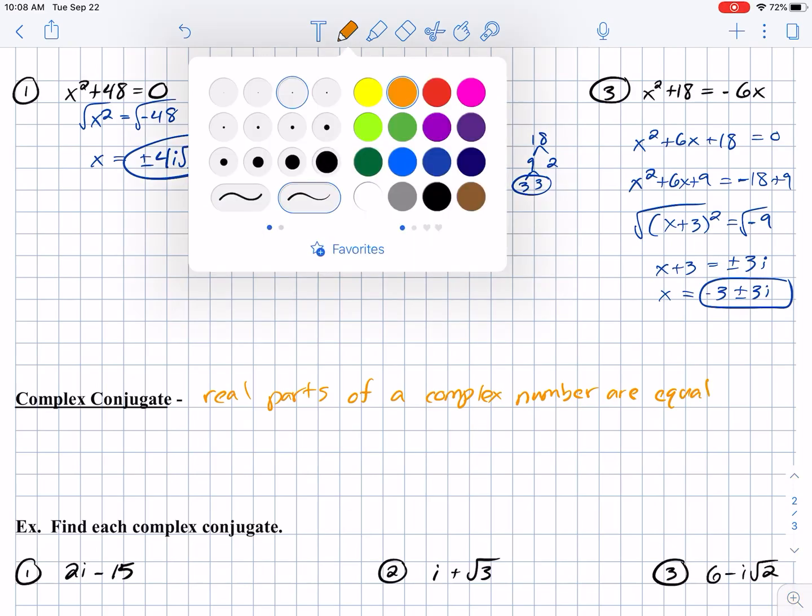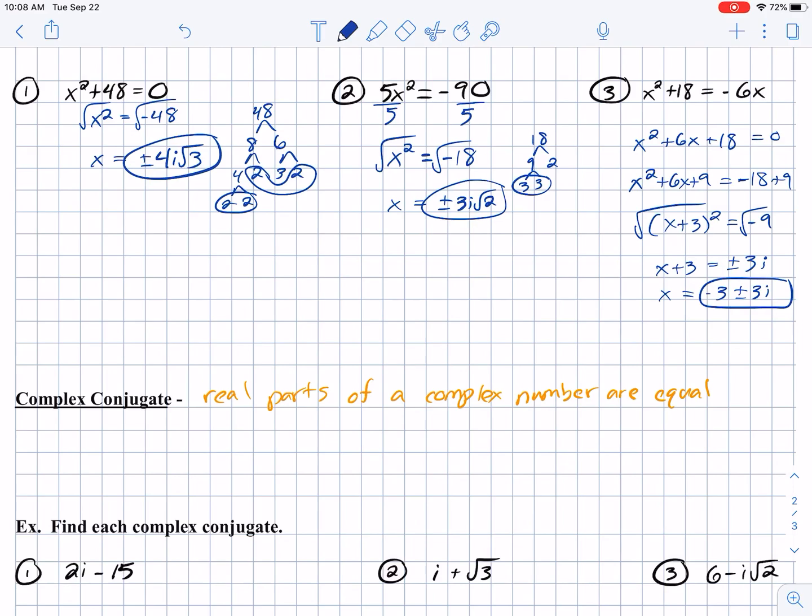So if I wrote this complex conjugate as two solutions, it would be negative 3 plus 3i and negative 3 minus 3i. Hopefully you can see that the real parts are equal, negative 3 and negative 3, while the imaginary parts are the opposite.